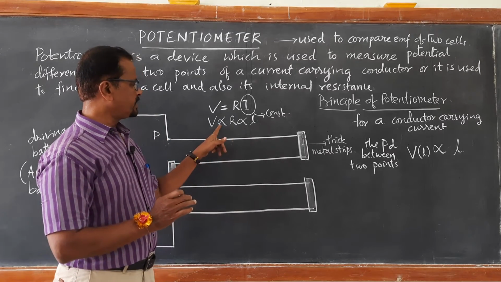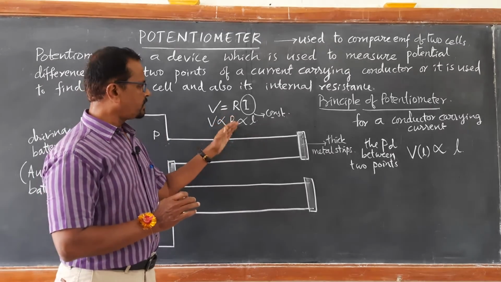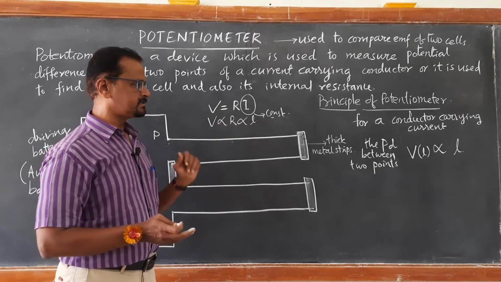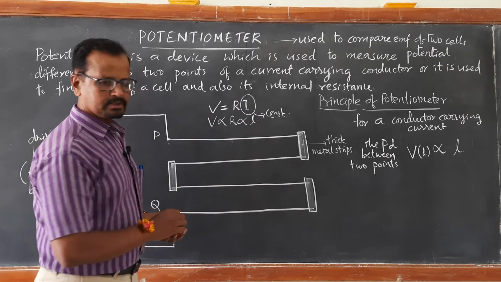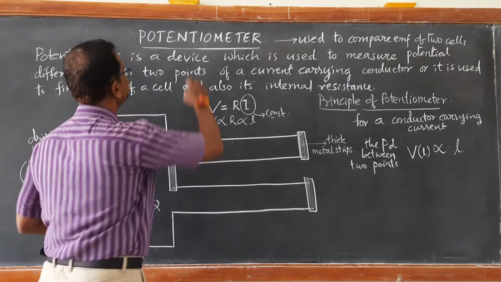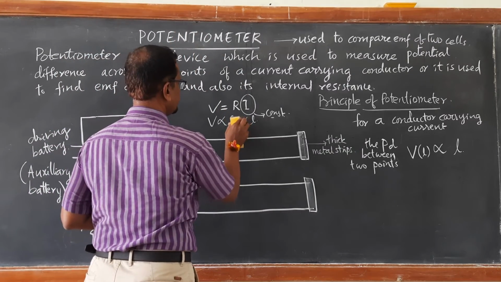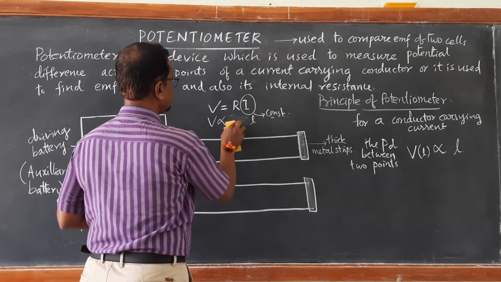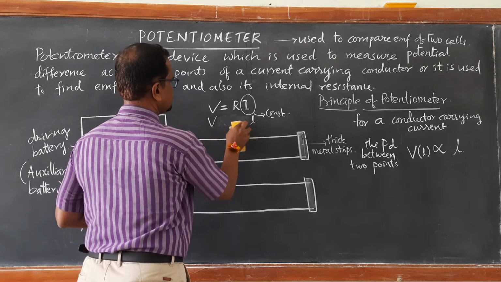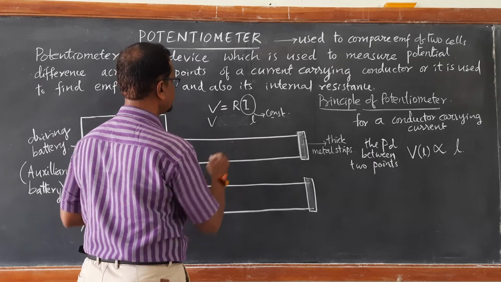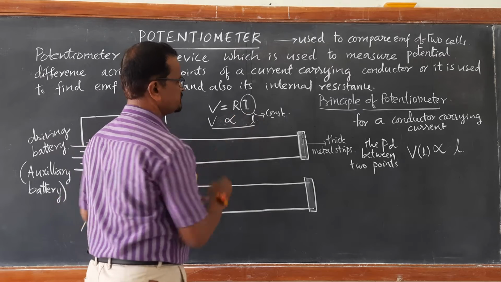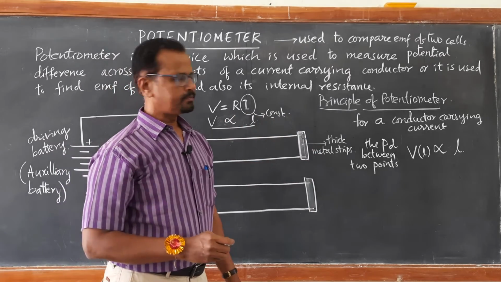So, V is directly proportional to R, and R is directly proportional to length. Therefore, we can conclude that V is directly proportional to length. This is the principle of potentiometer.